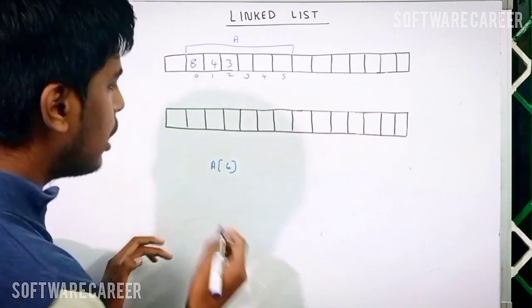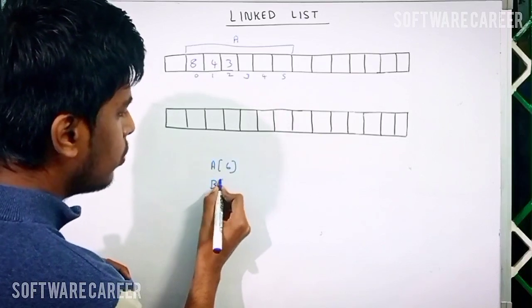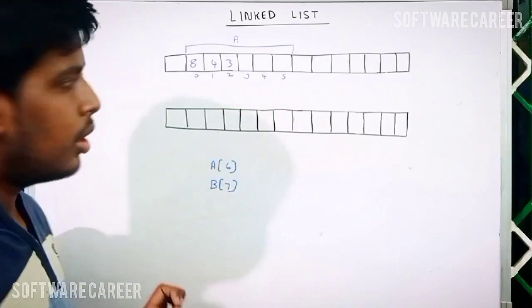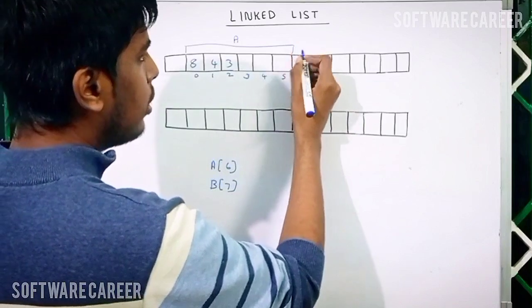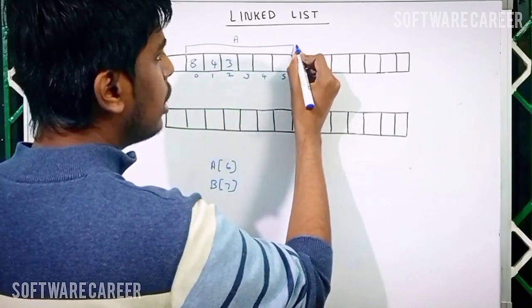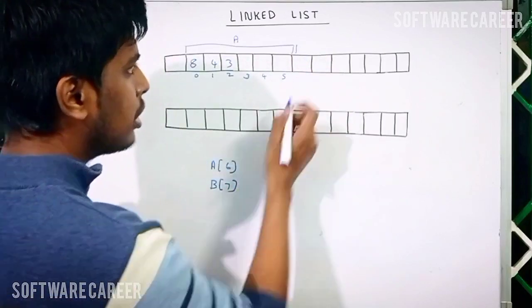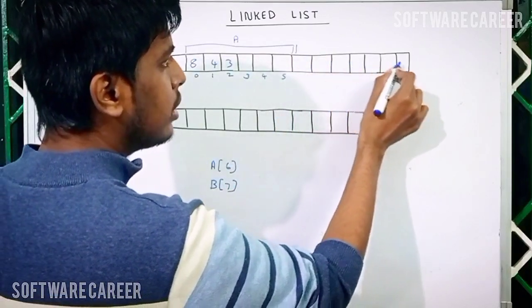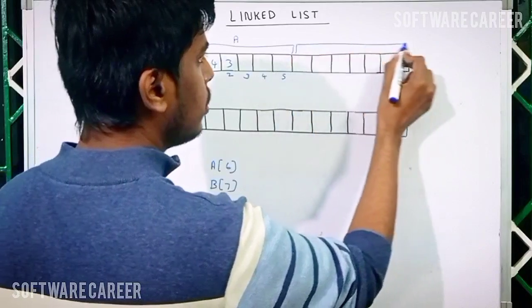Now suppose I am creating another array B of size 7. I'll start array B from this place, and it runs for 7 spaces, 1, 2, 3, 4, 5, 6, 7, till the last space.